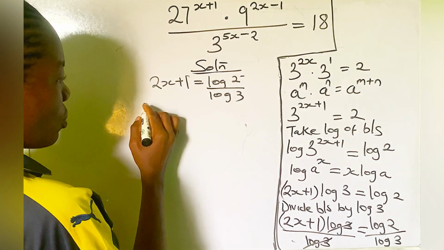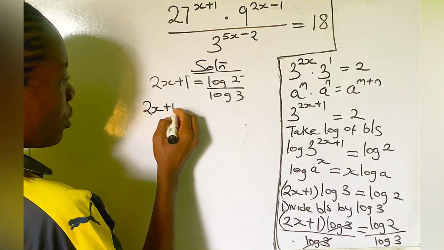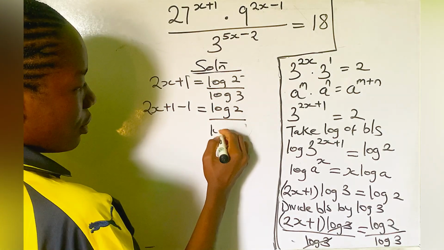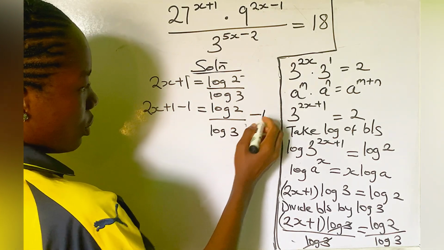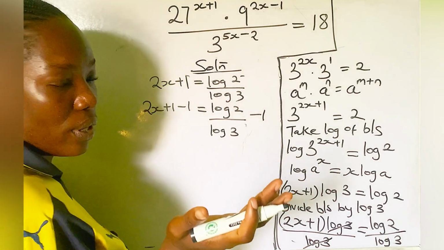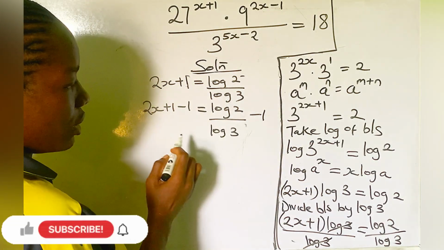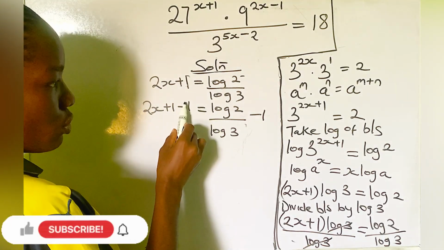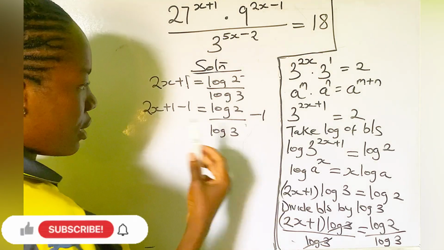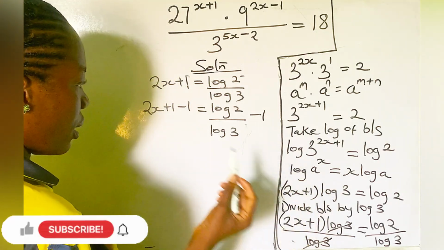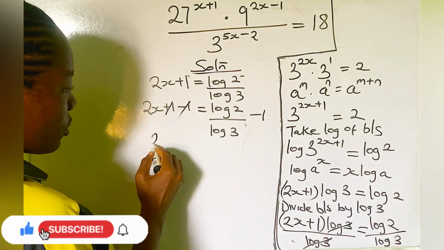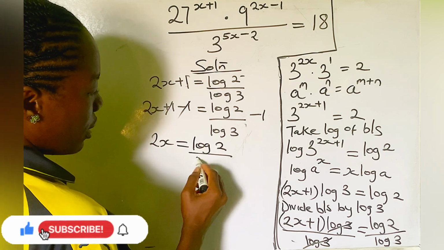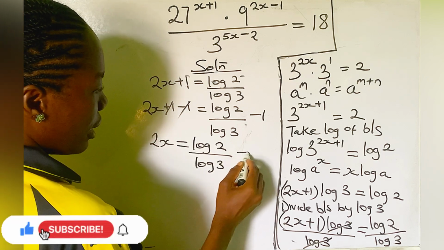So we now have 2x plus 1 minus 1 is equal to log 2 over log 3 minus 1. We did not just get this one from nowhere. This one is here because we have a 1 here, and we want to remove this one. To remove it, this is an addition, so you have to introduce the opposite of add, which is subtract. So it is not just manufactured from nowhere. So this will cancel. So we have 2x is equal to log 2 over log 3 minus 1.